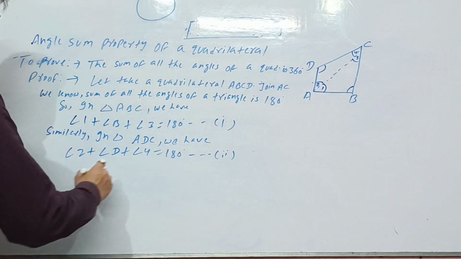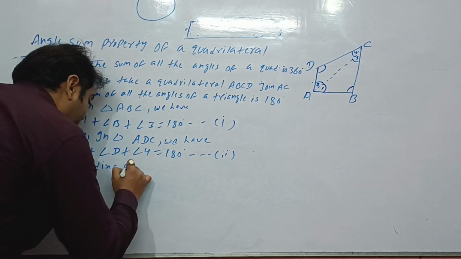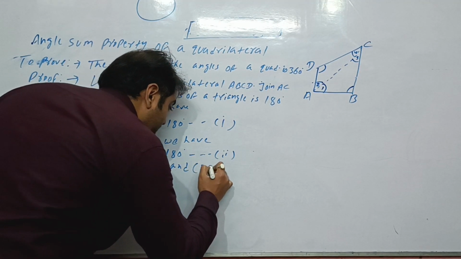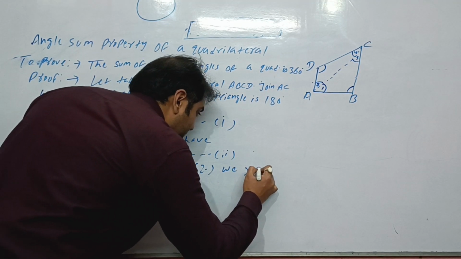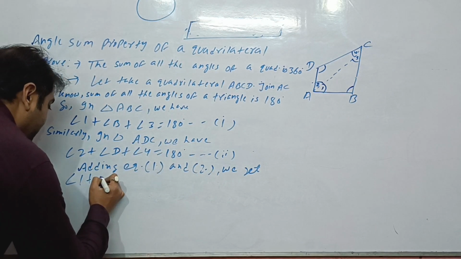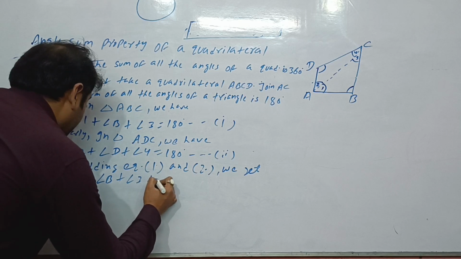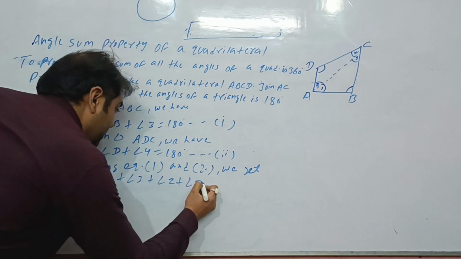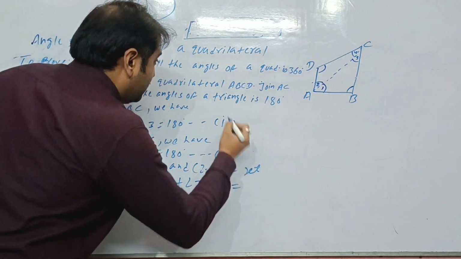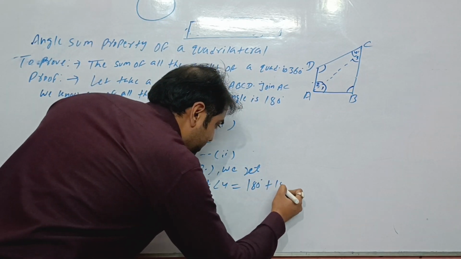So adding equations 1 and 2, we get angle 1 plus angle B plus angle 3 plus angle 2 plus angle D plus angle 4 equal to 180 degrees plus 180 degrees.